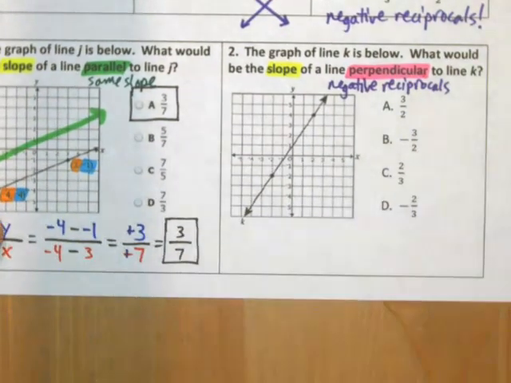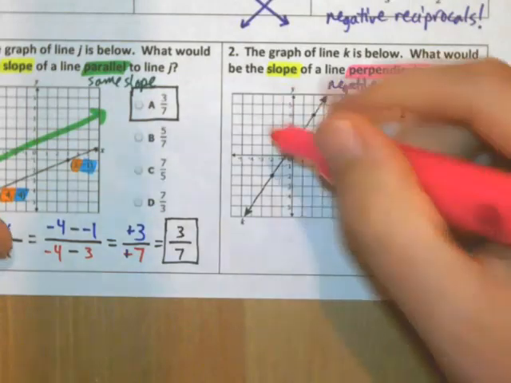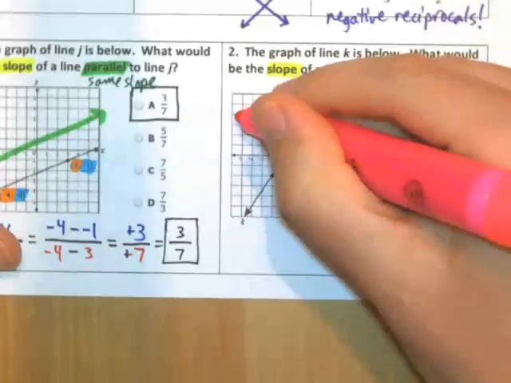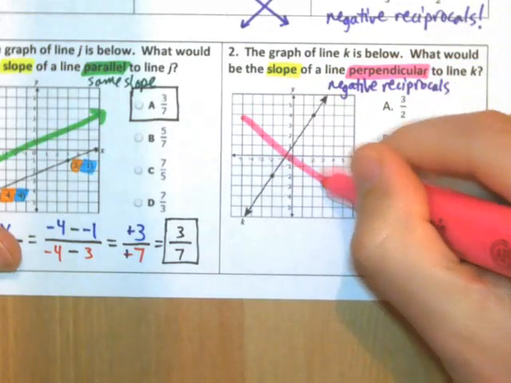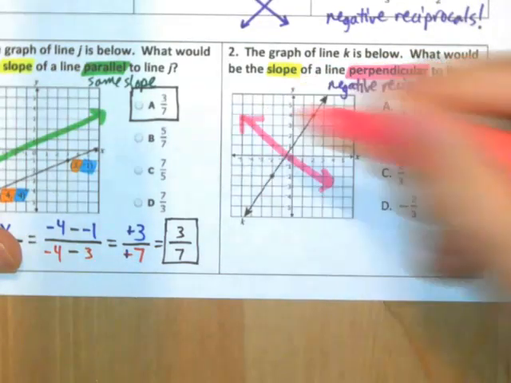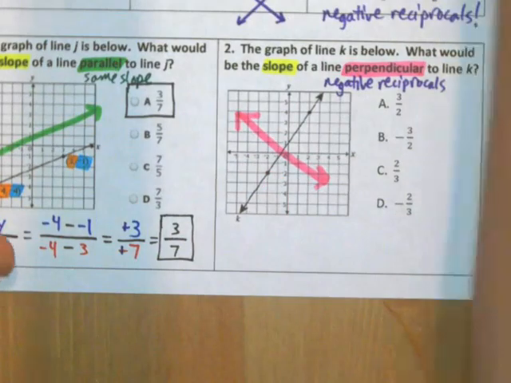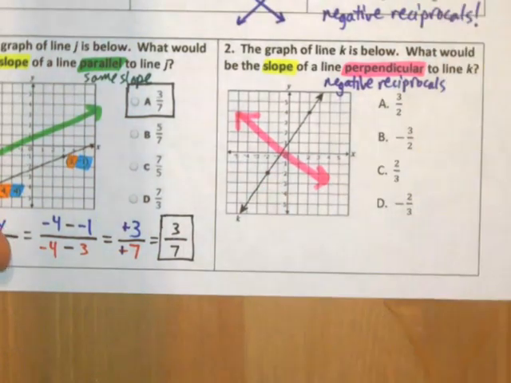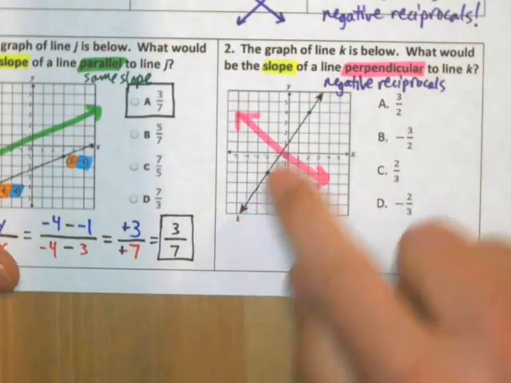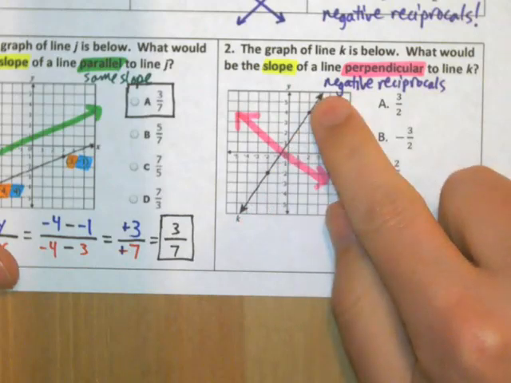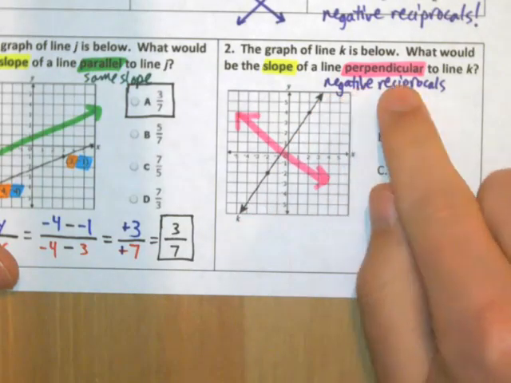So here is what a perpendicular line might look like on this graph. So to know the slope of that pink line, we are going to need to find the slope of line K and then find its negative reciprocal.